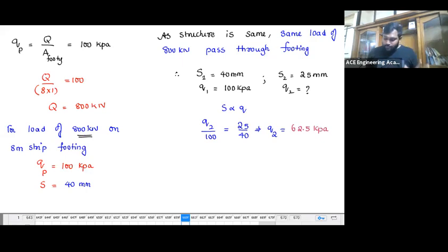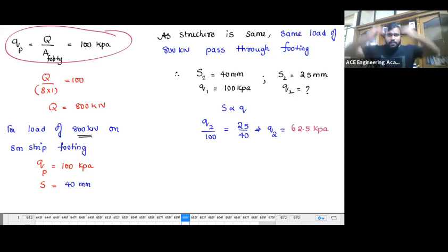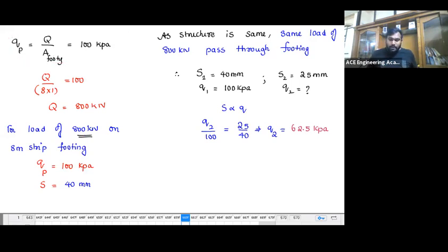Listen to me carefully. If the safe settlement pressure is 100, then the footing can undergo up to 40 mm. The more the bearing pressure, the more the settlement we can take. But now I'm limiting to only 25 mm. So if I do limit, then what is the allowable pressure? It should be 62.5 only.